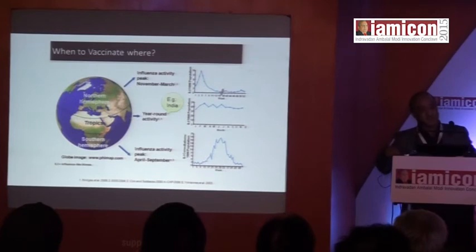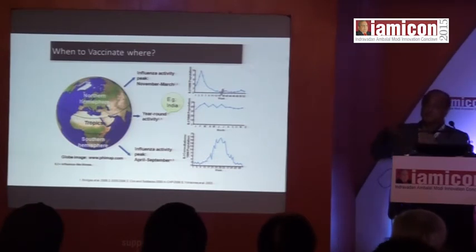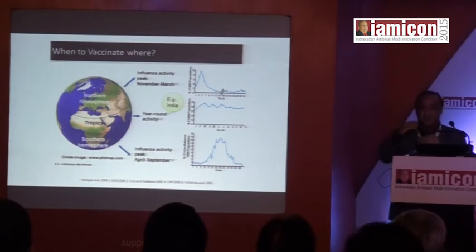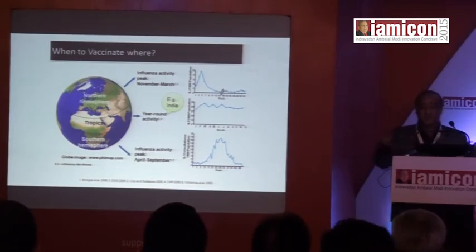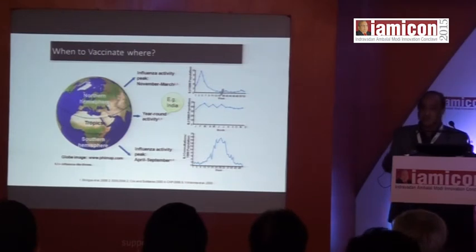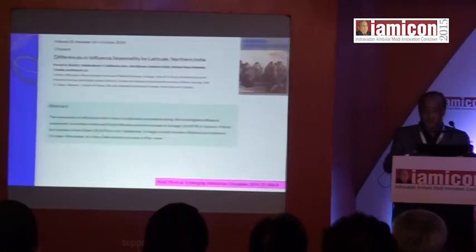In the southern hemispherical pattern, we have an exact opposite of it, which is somewhere in the summers of this place and winters of, say, Australia, New Zealand. And then in the tropical regions, areas which are near the tropics, we have a year-round circulation of influenza virus. So that actually dictates your vaccination policies.